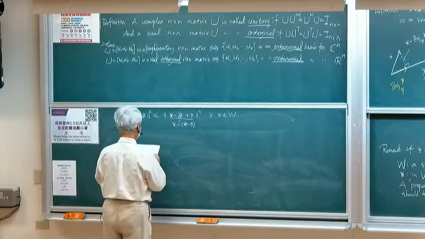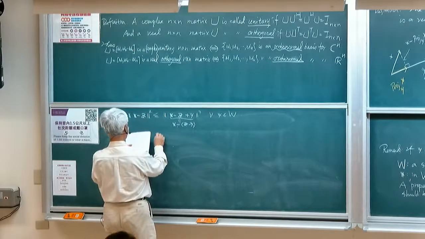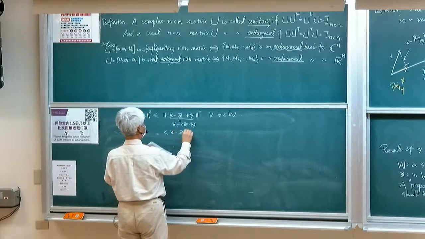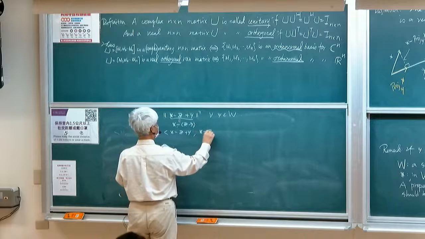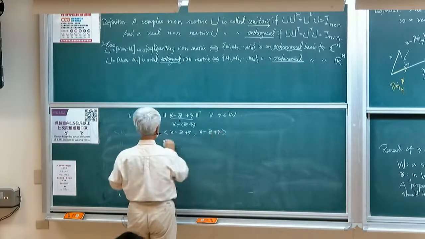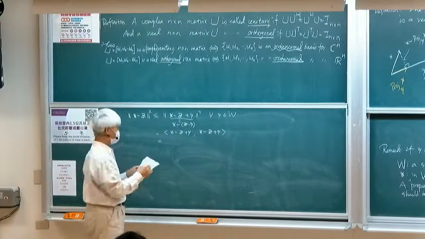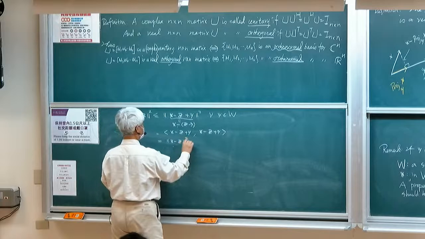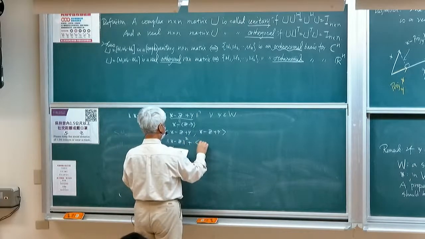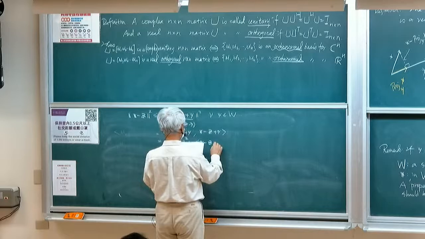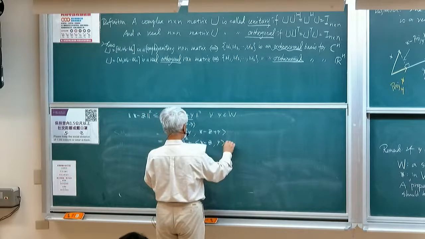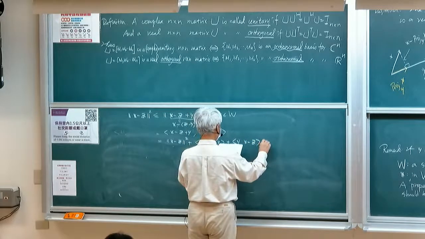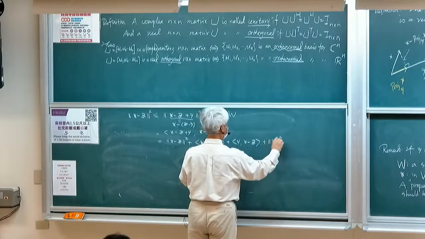When we take the square, now, so we can use the algebraic property. Okay, so we can expand this inner product into, so this is the norm of x minus z squared, plus the inner product of x minus z and y, plus the inner product of y and x minus z, plus y squared.